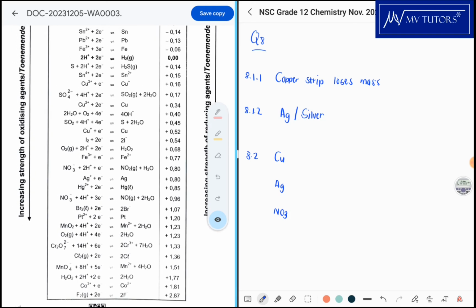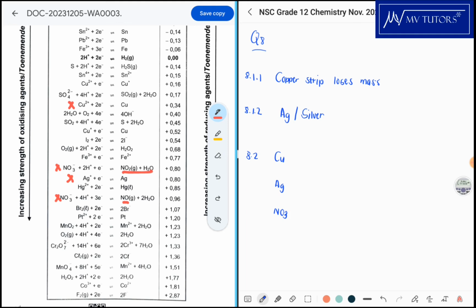So we see that there is silver, and then we have copper 2 plus. Then with the nitrate, you have two options: this nitrate over here, or that nitrate over there. I would tend to go with this one, not nitrogen monoxide.